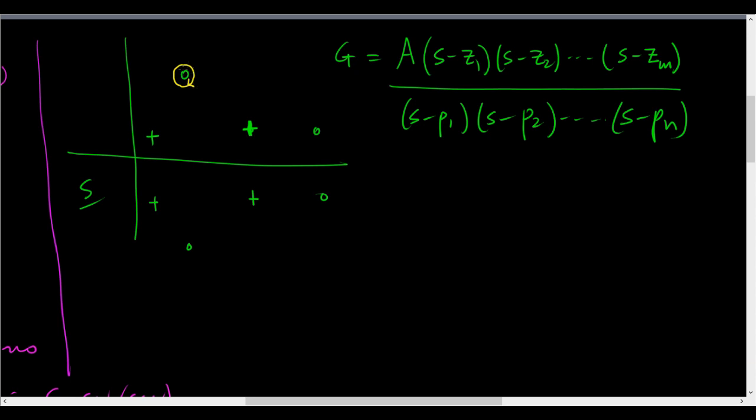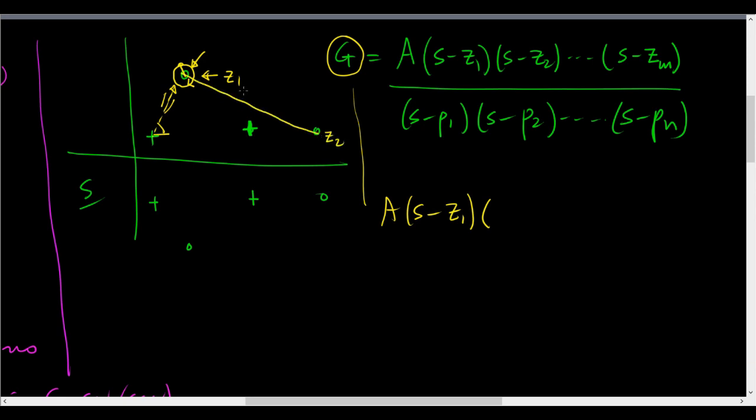Okay, so this point here is S. This little radius is small, its angle changes a lot, but from here the argument of this vector doesn't change much. It changes by an infinitesimal amount only. So when I am traversing this small circle, what does G look like? Let's say that is Z1, it is the 0 Z1. Then this looks like A S minus Z1, but for the 0 Z2, this vector just looks like Z1 minus Z2.